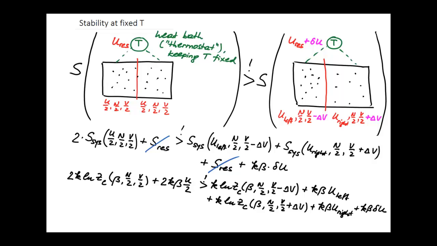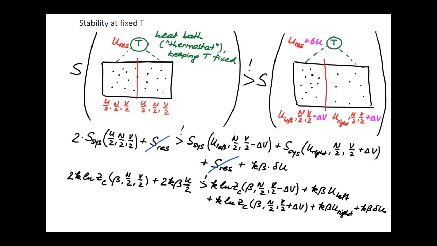Now, in all the expressions I used the same beta, which I'm allowed to do because the system is coupled to the thermostat. The thermostat keeps the temperature fixed everywhere. So both in the homogeneous and in the inhomogeneous scenarios, on the left and on the right hand side, we always have the same temperature.